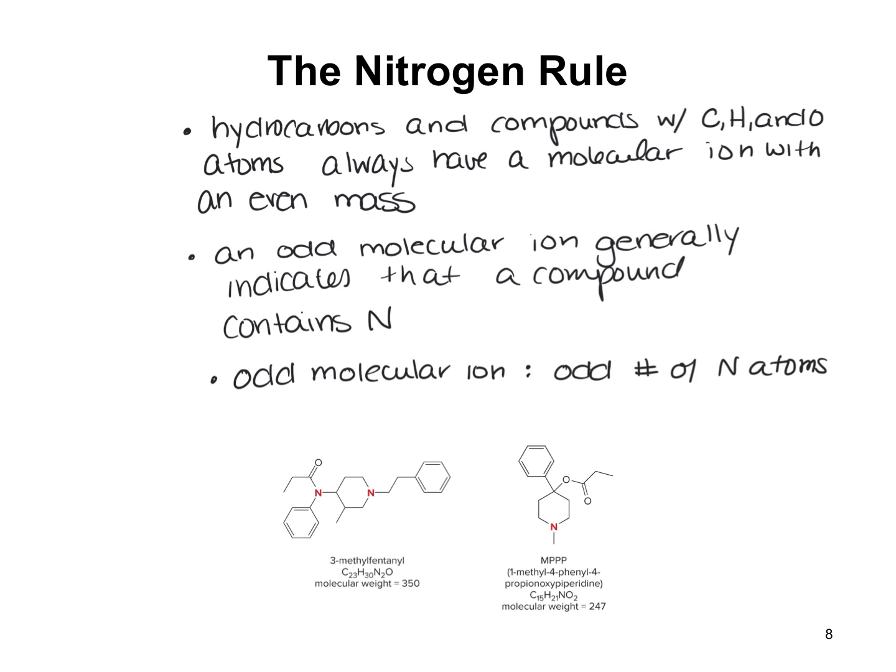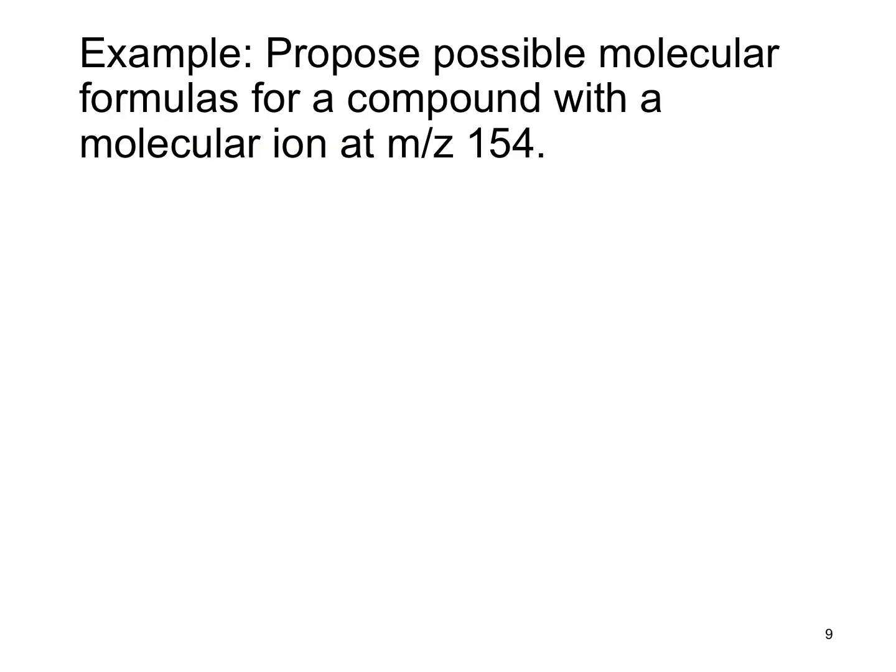So let's do an example where we have to propose possible molecular formulas for a compound with a molecular ion with a mass to charge of 154. Okay, with an even mass of a molecular ion, the compound likely contains carbon, hydrogen, and possibly oxygen atoms.